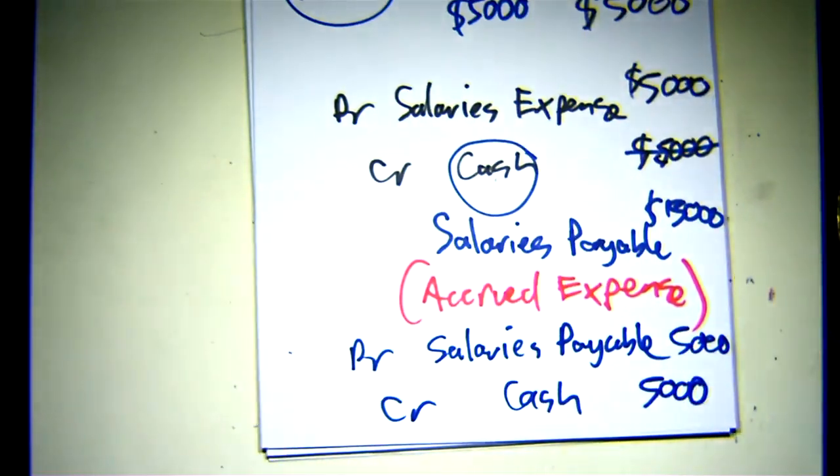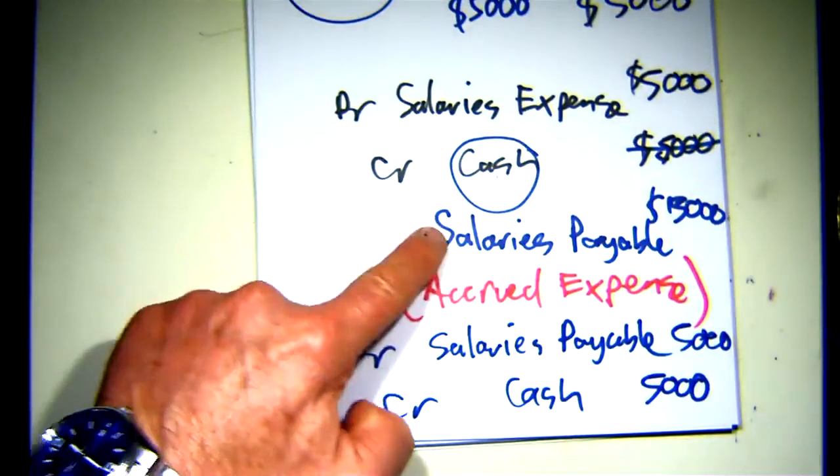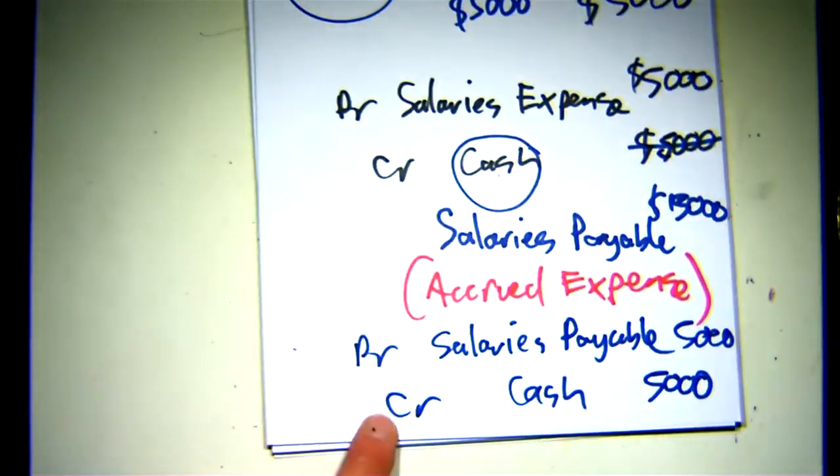So the journal entry I'll do is that I'll extinguish this salaries payable liability with a debit, and pay out the cash on payday. If payday's Thursday, it'll be the following Thursday at a later point in time. So we'll actually do that journal entry next week. So this is an example of an adjusting entry, which we will cover next week.